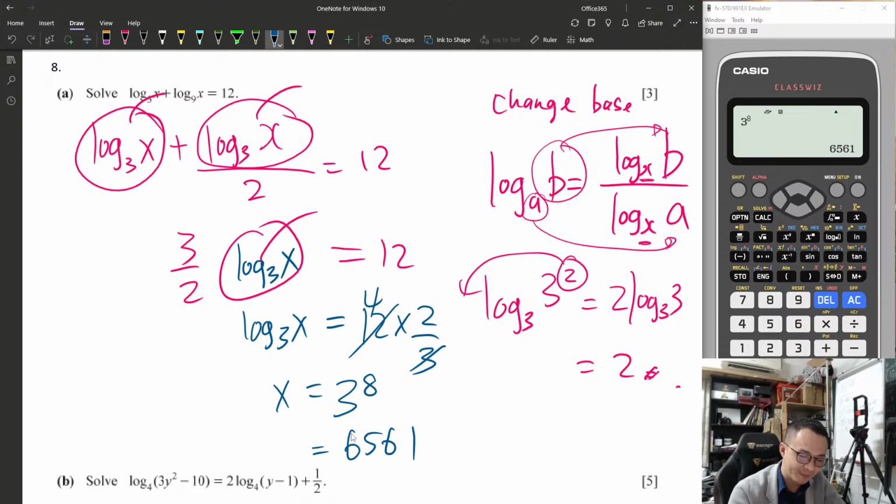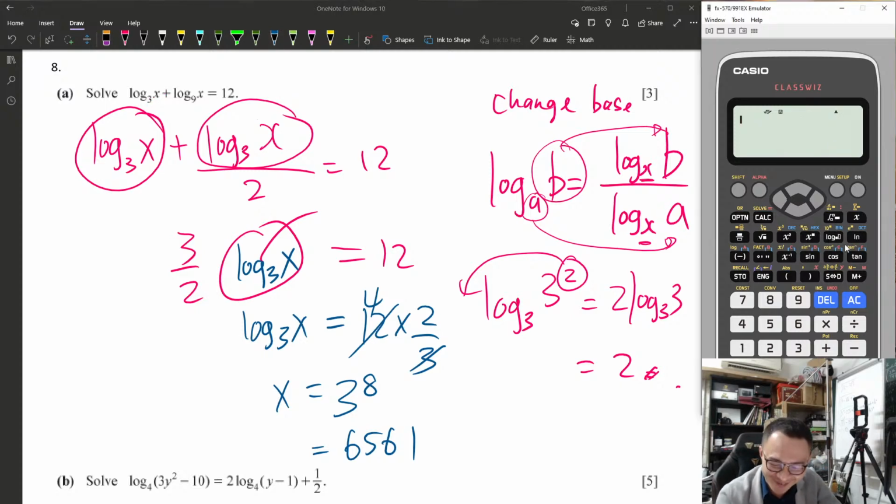6561. Okay, like I say, can we make a mistake for this kind of question? Is it possible to forgive ourselves for not knowing how to do this? No, right? Why? Because you can type the whole thing into the calculator to get the answer. So if you do this kind of question wrong, I can't forgive you either.